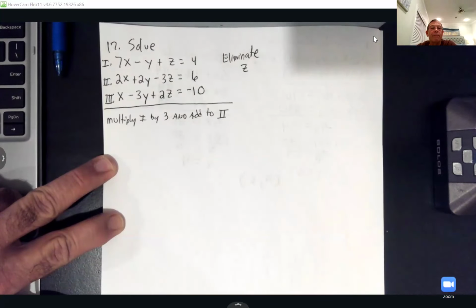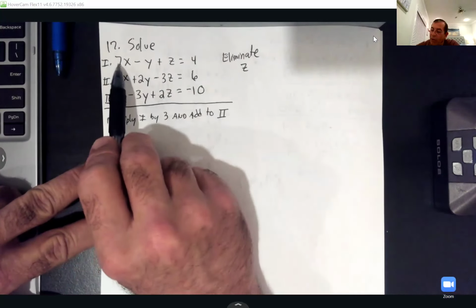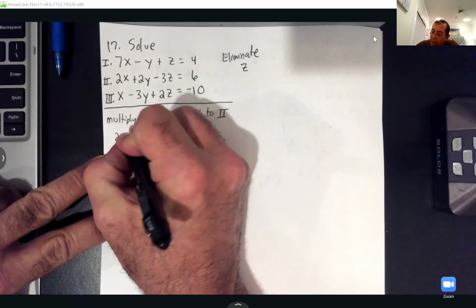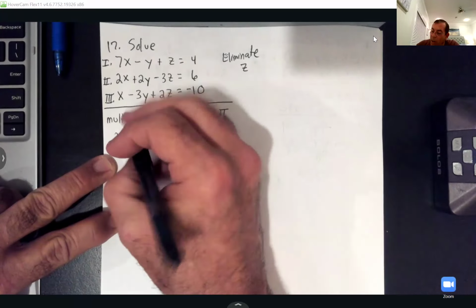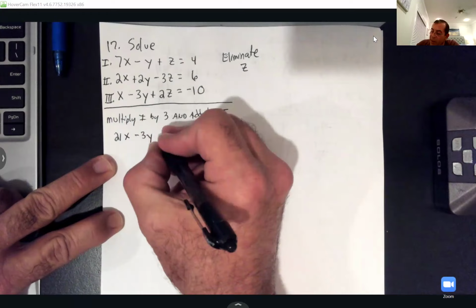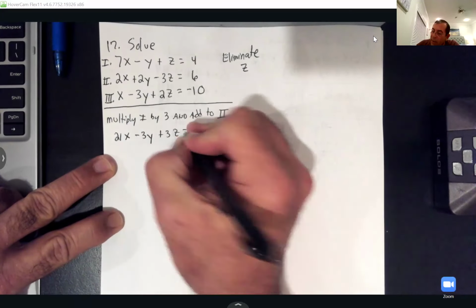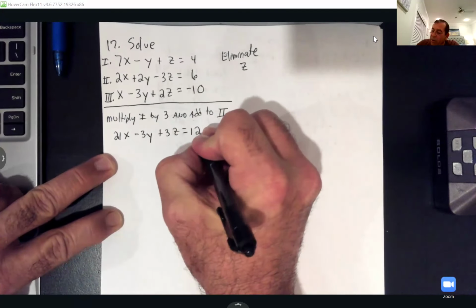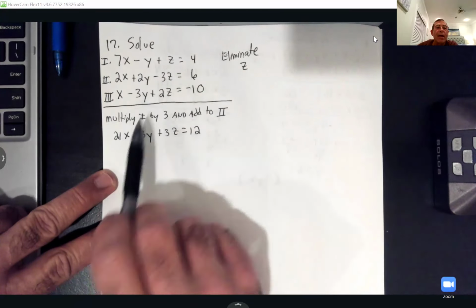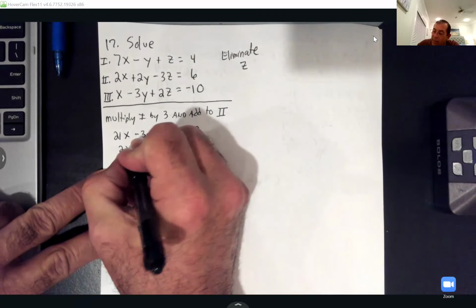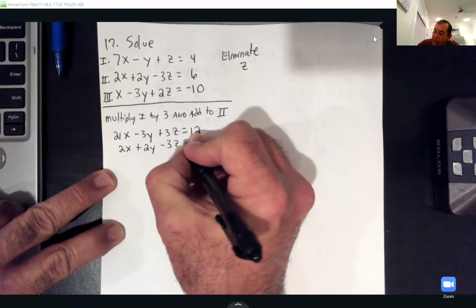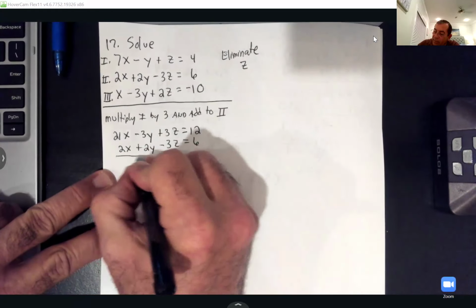equation 2, okay? So if I multiply by 3, that's going to give me 21x minus 3y plus 3z, and then 3 times 4 is 12. So I multiplied equation 1 by 3, then I'm going to bring down 2 to add to it. 2x plus 2y minus 3z equals 6.